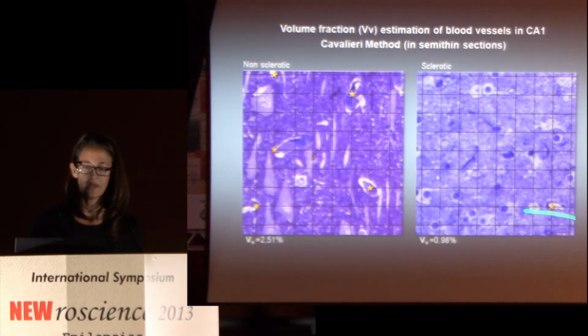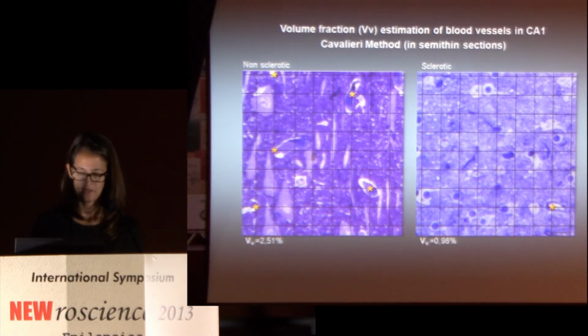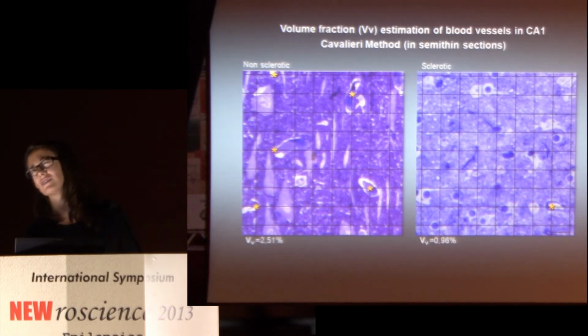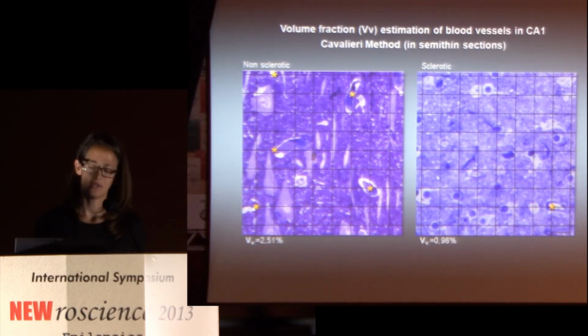We used a method which is useful to count the volume fraction occupied by blood vessels. We found that in the non-sclerotic CA1 there were a lot of blood vessels, and in the sclerotic CA1 there was a decrease in the volume fraction of blood vessels.